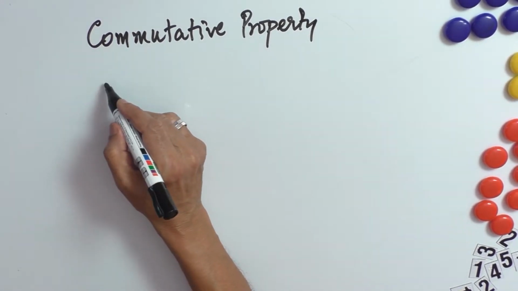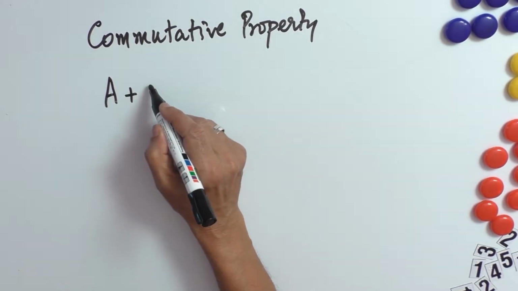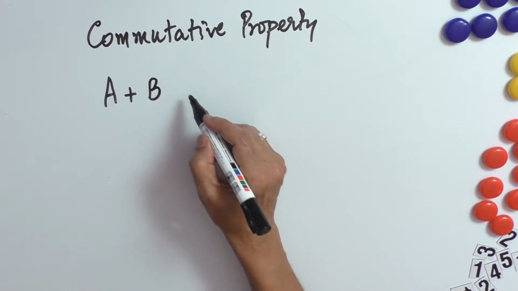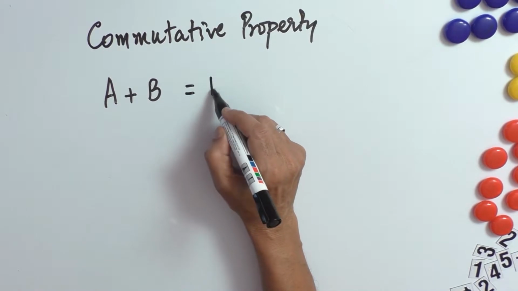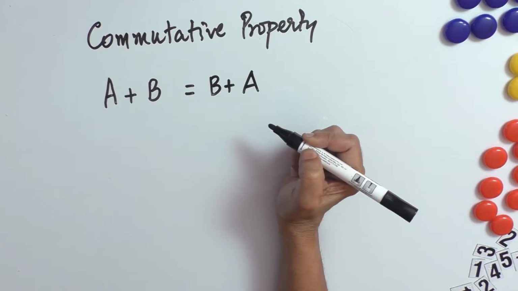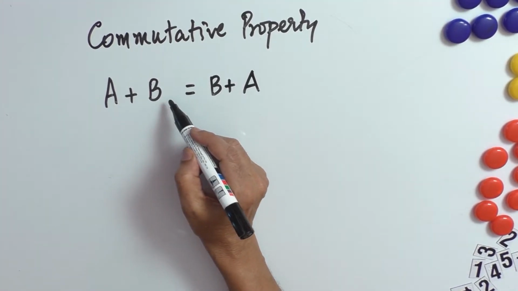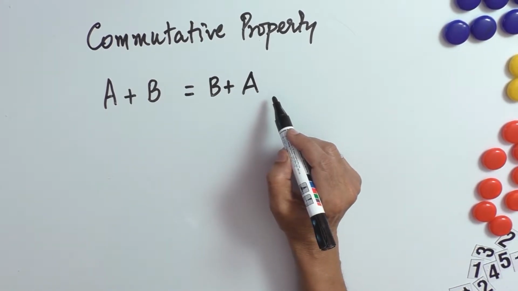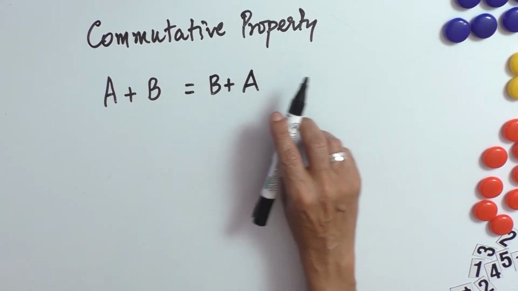Let us take a set A. Now, if it is added to B, if we get the value which is equal to B plus A. So, when A plus B becomes B plus A, then we say that the two sets satisfy commutative property.